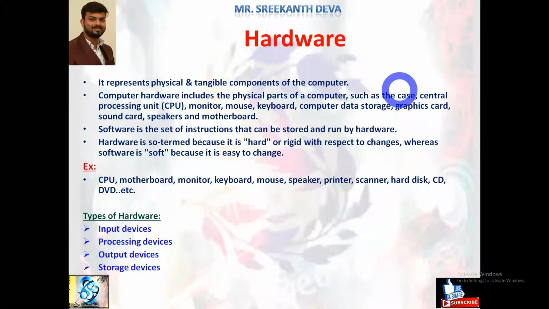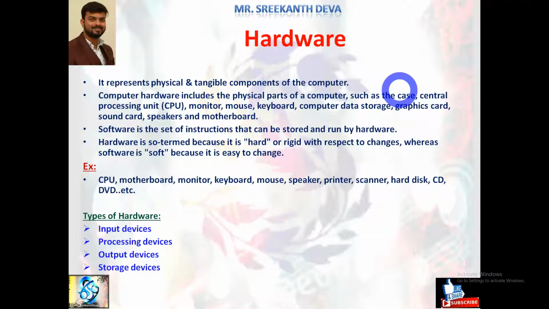The term hardware is used to refer to all the physical components inside or outside the computer. Best examples: in the previous video session we discussed several input devices, output devices, and also the processor, right? CPU, central processing unit, and system unit like cabinet.